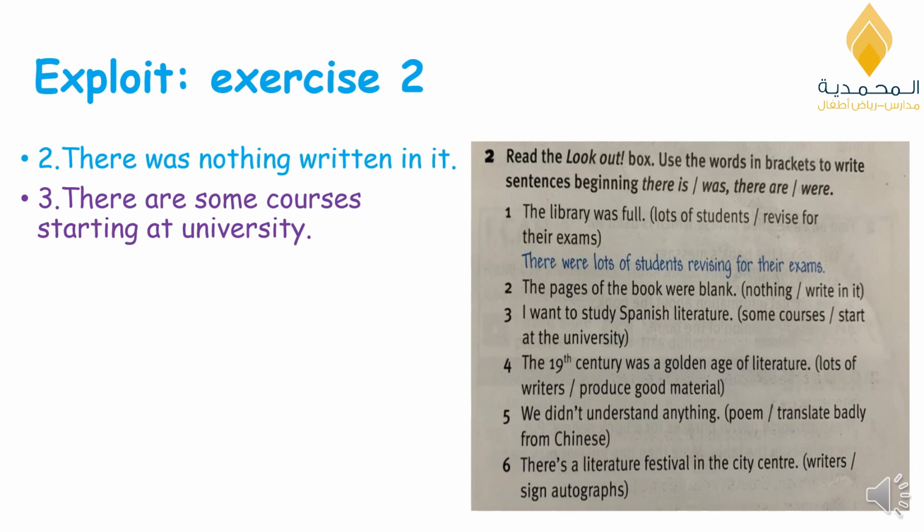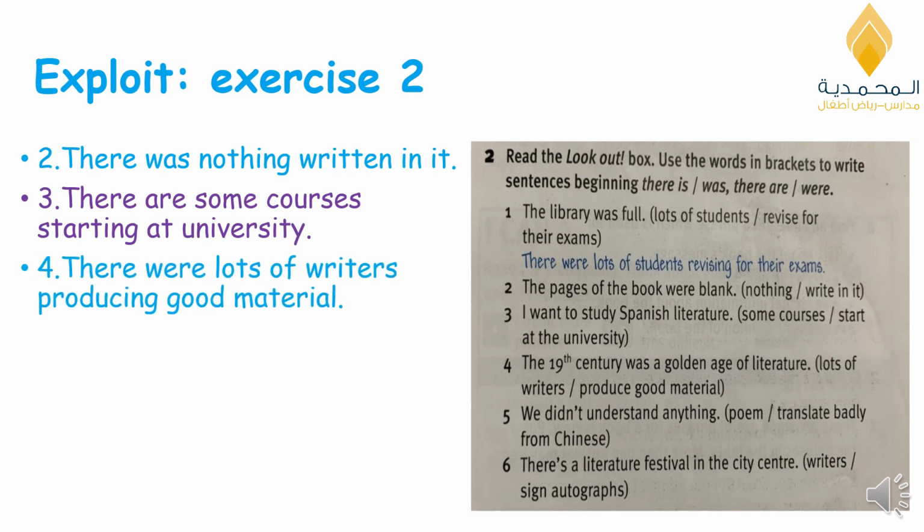Number 4, the 19th century was a golden age of literature. Lots of writers produced good material. So here was, it is a past, so I have to use a past in my sentence. So, there were lots of writers producing good material.